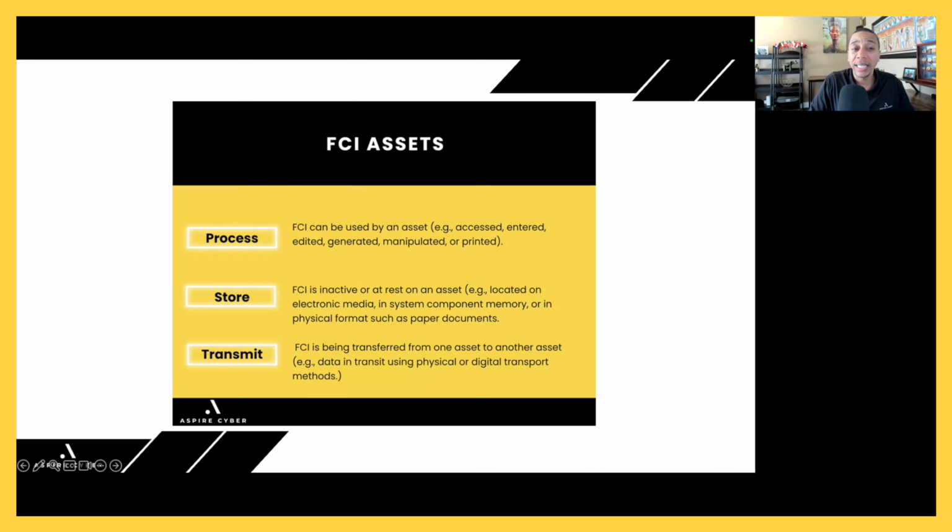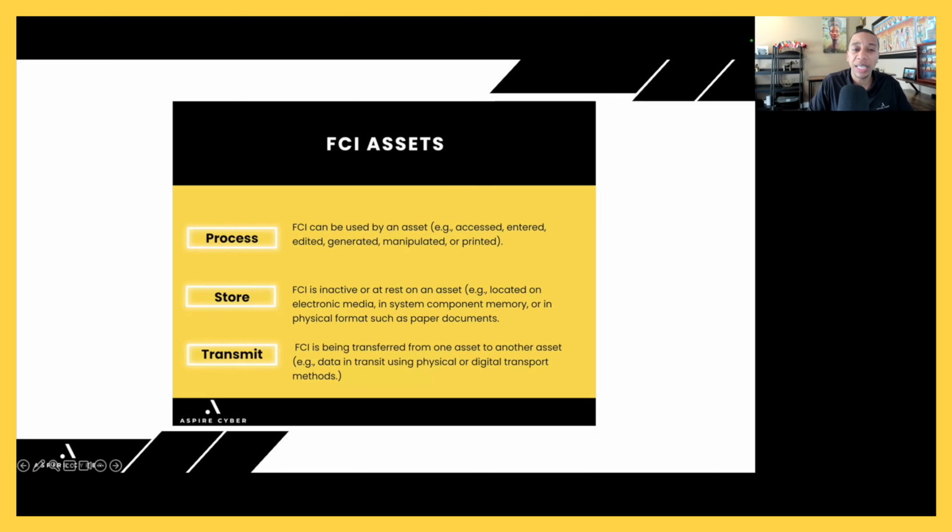Okay, before we take a look at the various types of assets that are outlined in the CMMC Level 1 scoping guide, I want to ensure that you understand what I mean when I say process, store, transmit FCI, federal contract information. If your in-scope systems are processing FCI, think about your laptop where you're accessing your OneDrive that stores FCI, or you think about you receiving emails from your prime or your federal customer, and likely that's going to be categorized as FCI.